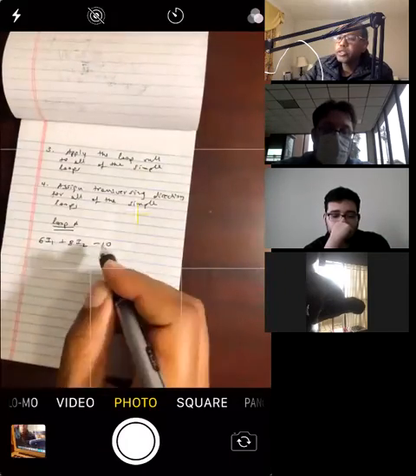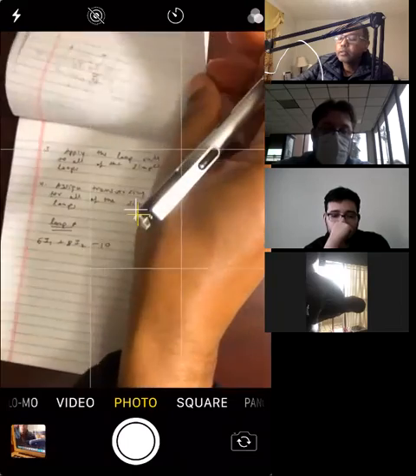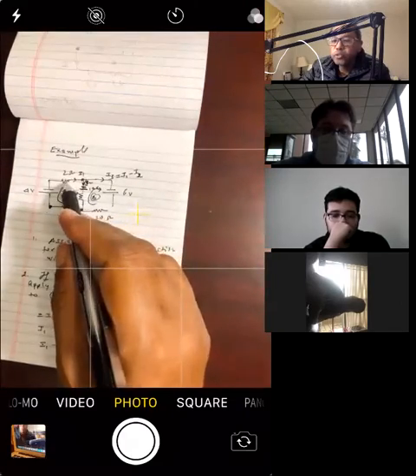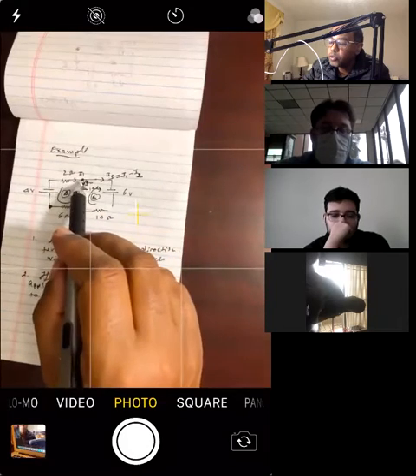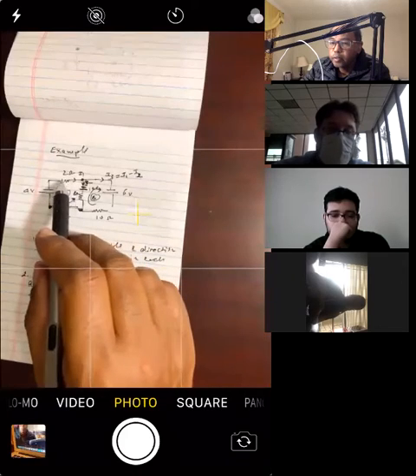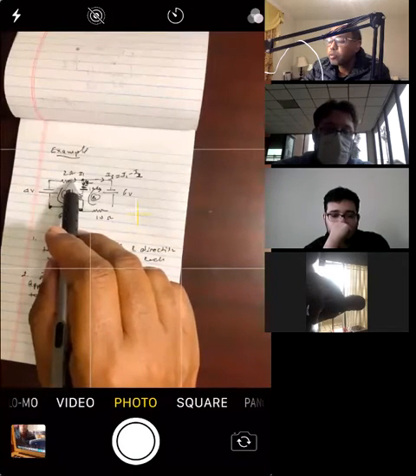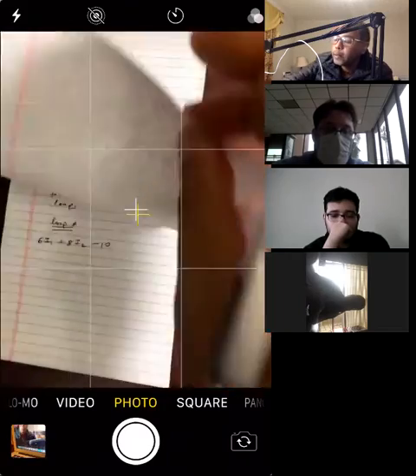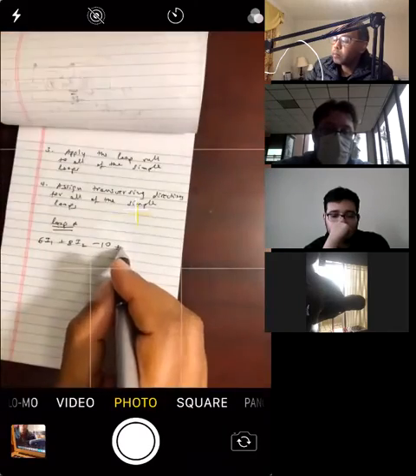I keep going, I encounter this resistor. For this resistor also, I'm going opposite to the direction of the current. I'm traversing this way, the current is going this way. So it's going to be positive, that is 2 times I1. So I've got plus 2 I1.